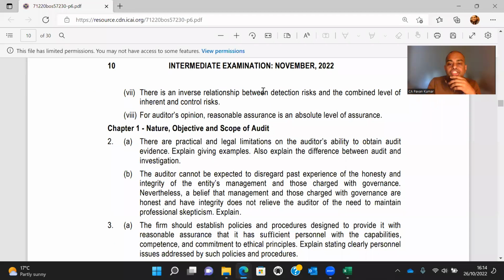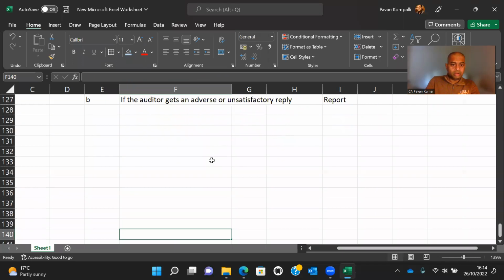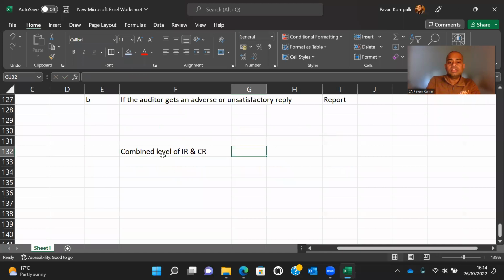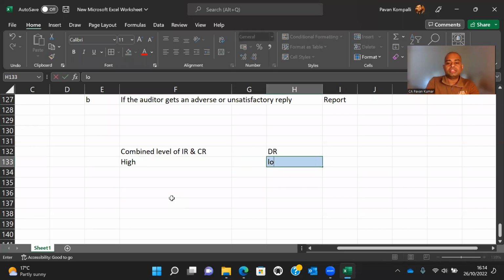There is an inverse relationship between detection risk and the combined level of inherent and control risk. Now tell me, combined level of inherent risk and control risk. This is detection risk. If this is high, what should this be? Obviously low.